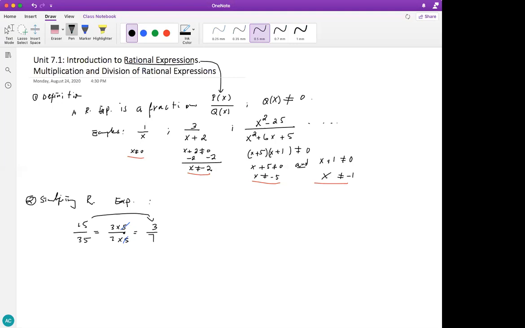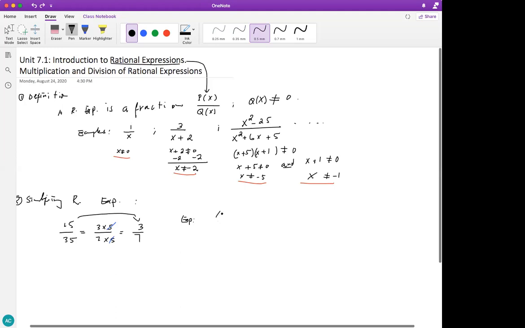We can do the same thing with rational expressions. We can factor them like this and then cancel out what's common between the two. Very simple. Here's one. Let's say you have x plus 1, and maybe some 8, and also x plus 1.